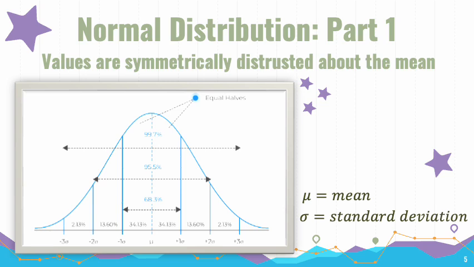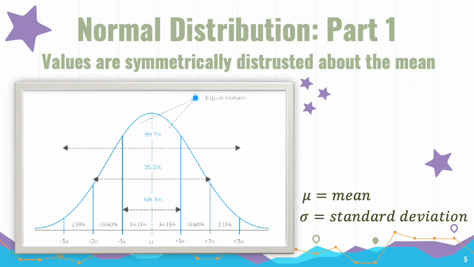The spread of the distribution is presented in terms of the standard deviation. And if you recall from our discussion of the empirical rule in our lecture on variance, in any normal distribution, 68.3% of the values will fall within one standard deviation of the mean, 95.5% will fall within two standard deviations of the mean, and 99.7% will fall within three standard deviations of the mean.